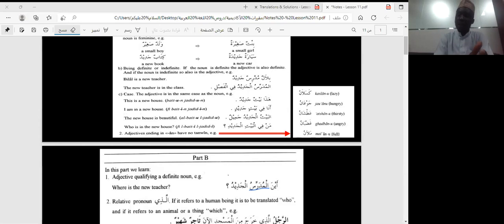I'm not adding information about an already established sentence. When you say alladhi, it is in al-jumla al-i'tiradiyya, or we call it jumla bayaniyya, an explanatory sentence, that is a sentence that is adding information about an already established sentence.